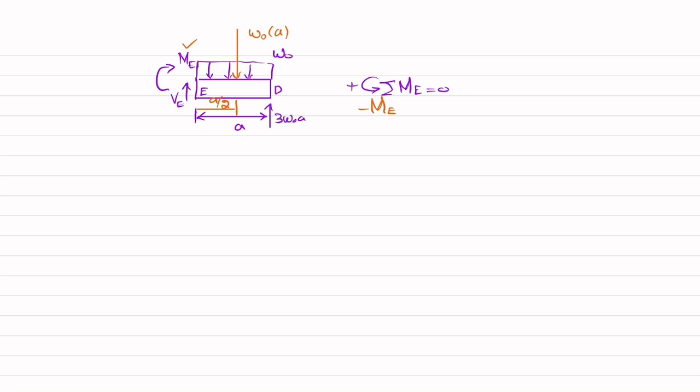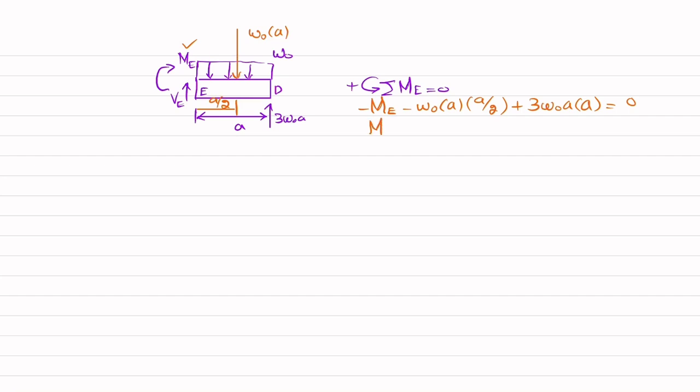So I will write minus w naught into a divided by 2. And the another load which is producing moment about point E is this load into perpendicular distance a and this is producing counterclockwise moment. So it will be positive. So I will write plus 3 w naught a into a is equal to 0.